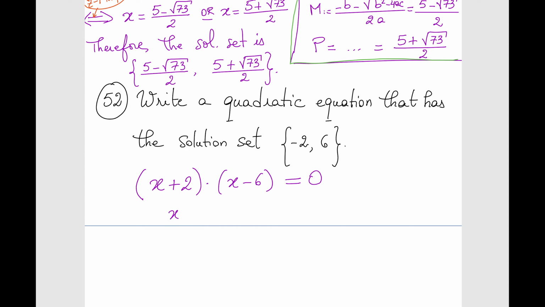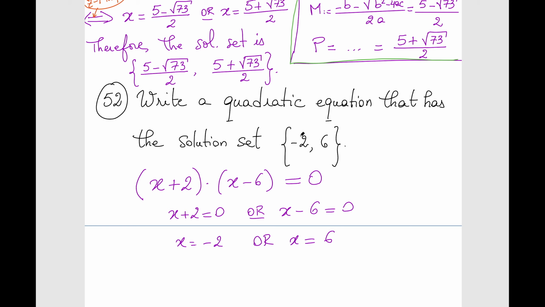So either x plus 2 is 0 or x minus 6 is 0, right? Which means x is negative 2 or x is 6. Make sense? So the solutions of this equation are negative 2 and 6, and hence the solution set would be exactly this.